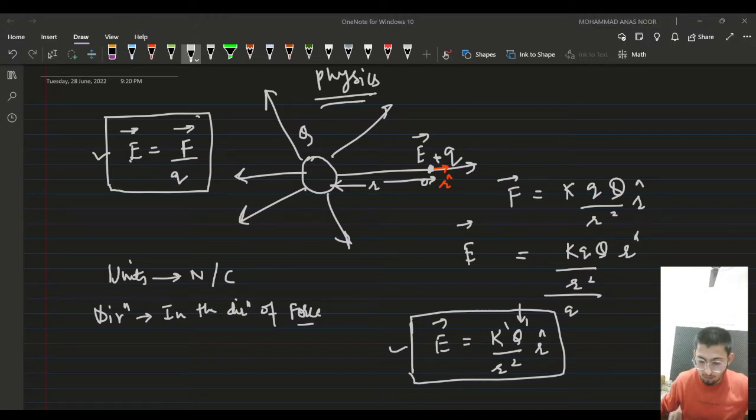So let me put in some questions here. Okay, so this is an NCERT question.